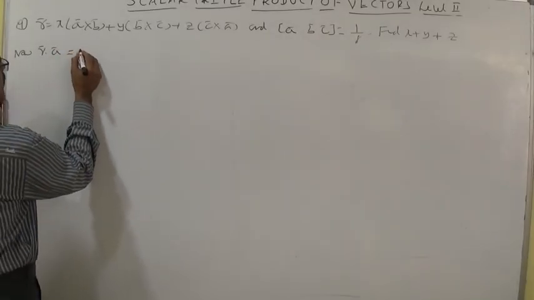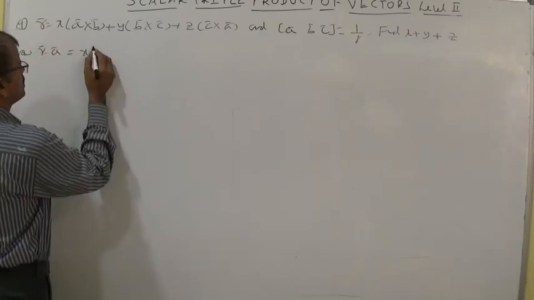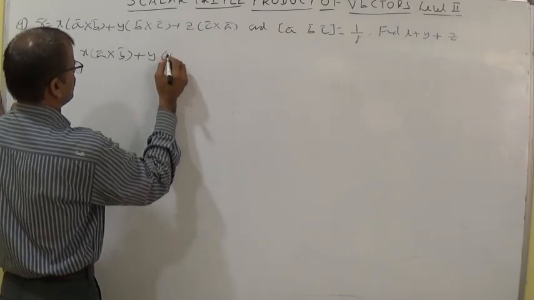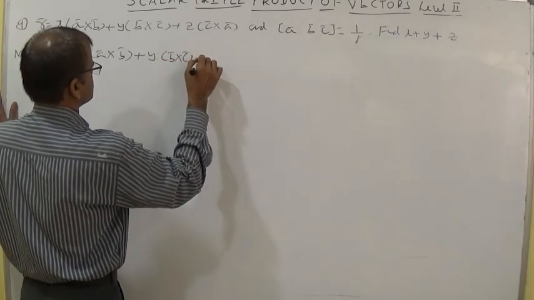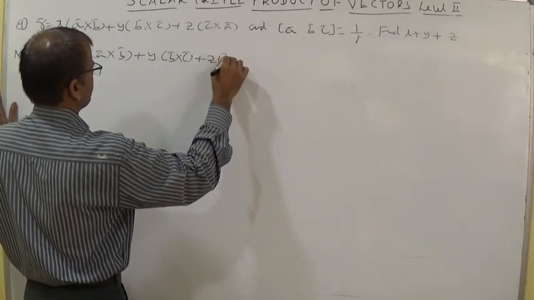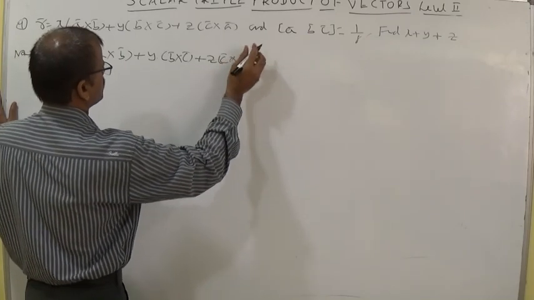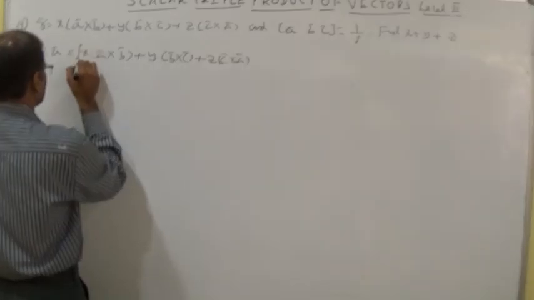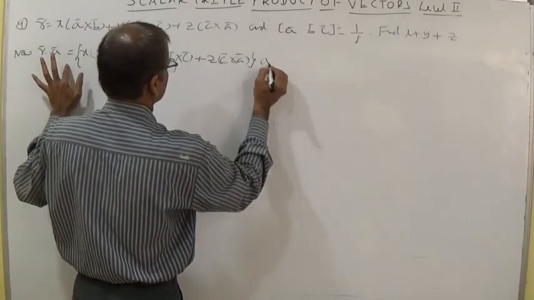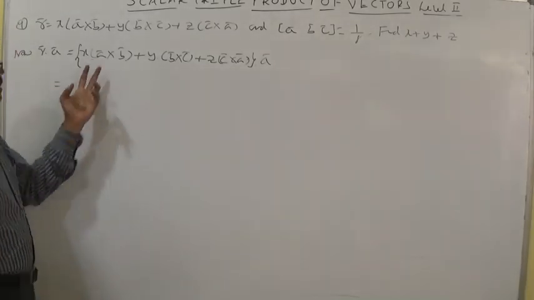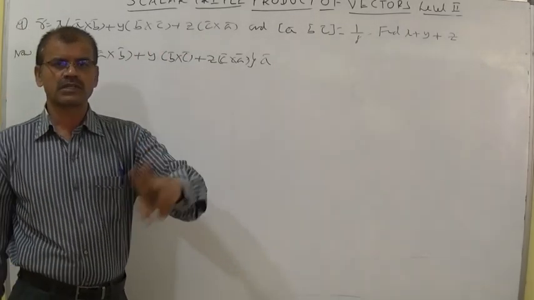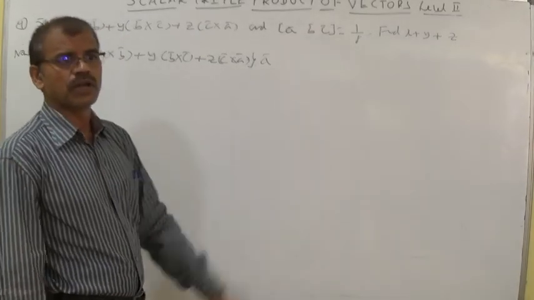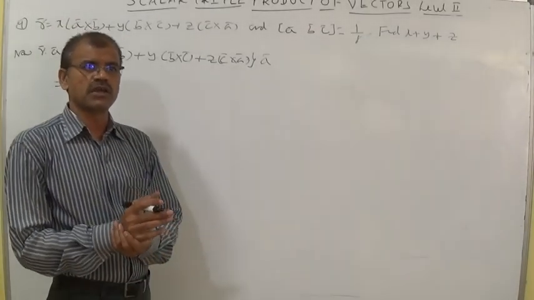Whenever you write R bar dot A bar, we can write X into A cross B plus Y into B cross C plus Z into C cross A, into A bar. Put a set bracket here and a dot A. You can understand that A cross B into A, whenever two letters are repeated in a cross product, it becomes 0. So A cross B into A is 0.